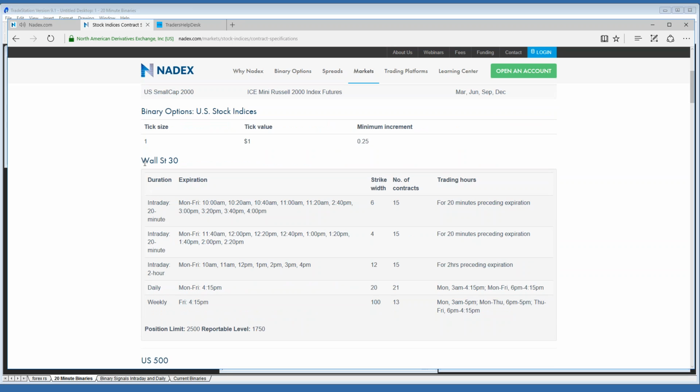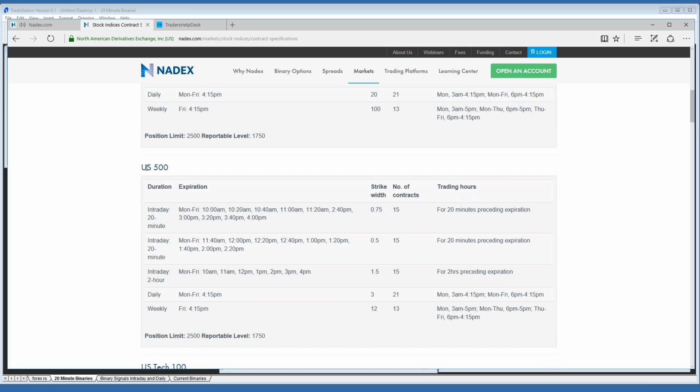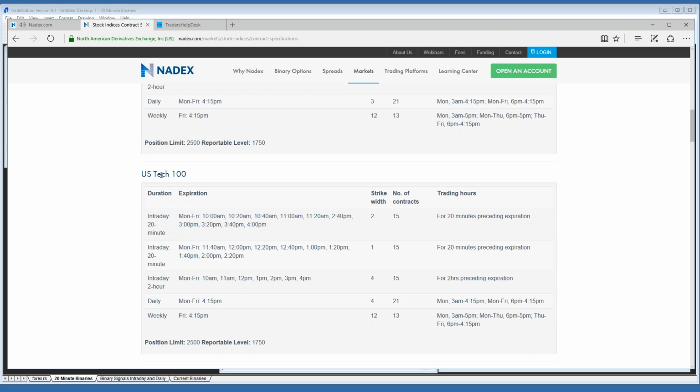Now, if I come down to, let's say, the Wall Street 30, you can see that the strike width is 6 points, other than lunchtime, which is from about 11:40 to 3, it goes down to 4 points. On the U.S. 500, typically it's 3/4 of a point. During lunchtime, it goes down to 1/2 a point. On the U.S. Tech 100, the strike width is 2 points. During lunchtime, it goes down to 1 point.